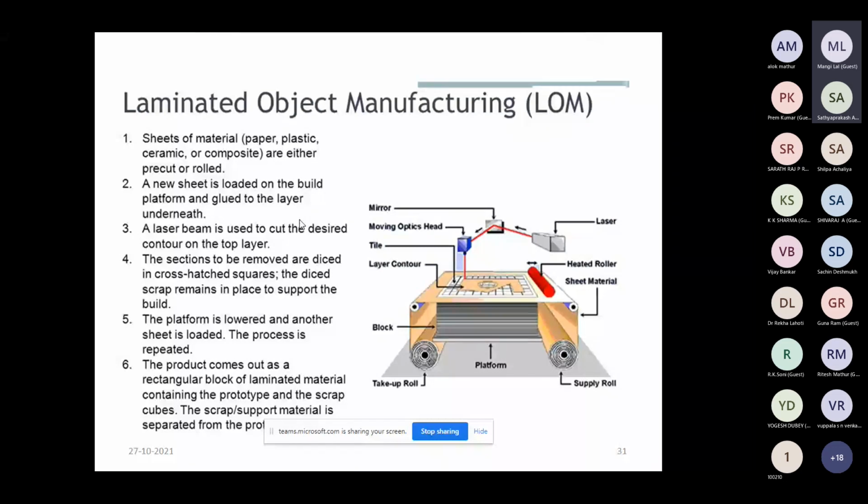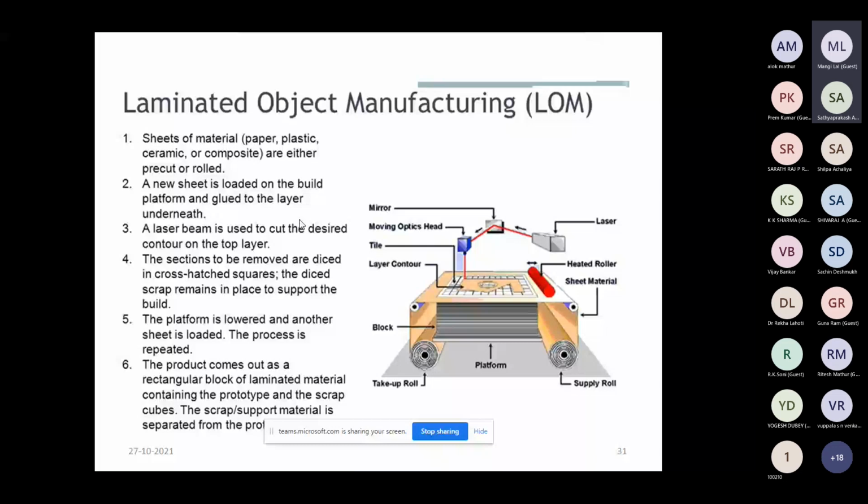We have to remove the cross-hatched pattern, and that is the scrap material. So laminated object manufacturing is basically required if we have to generate a large dimension, large size product. Large size products can be very simply generated with the help of laminated object manufacturing.